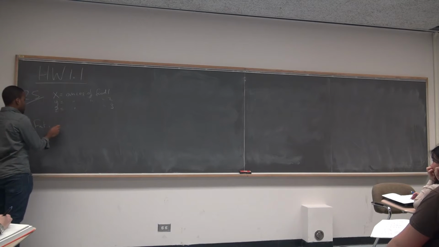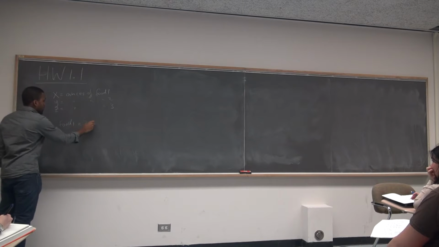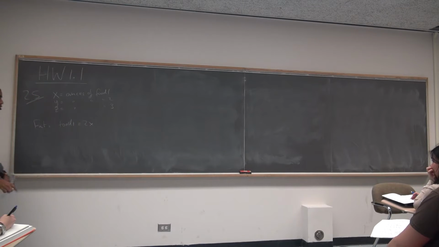Fat from food 1 would be 2x. It's 2 times however many ounces you eat. If you eat half an ounce, you'll get 1 ounce of fat, and so on. The numbers here are telling you the proportions, based on how much you're eating.